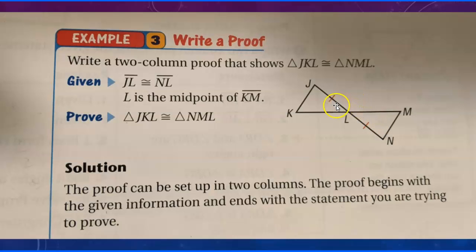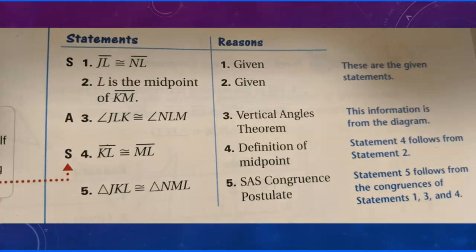We also stated that JLK and MLN are equal. That means we have side, angle, side. So there we have solved our proof, and we used the SAS congruence postulate.